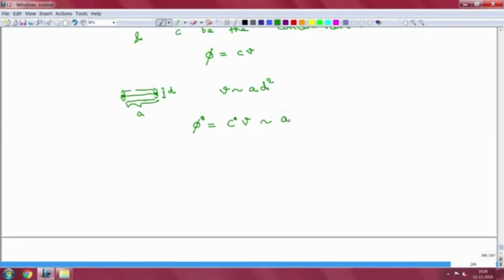And v is A times D squared. So, my phi star varies as D by A squared times n to the power minus half.